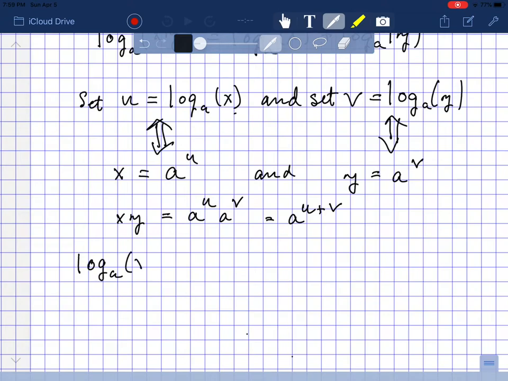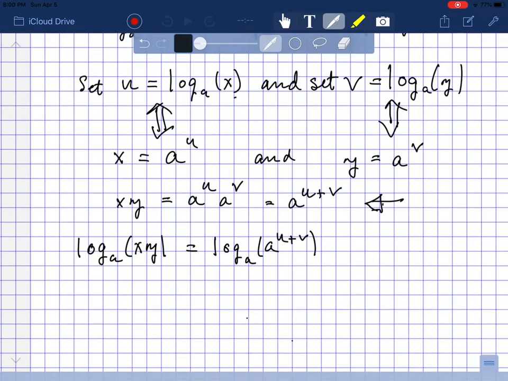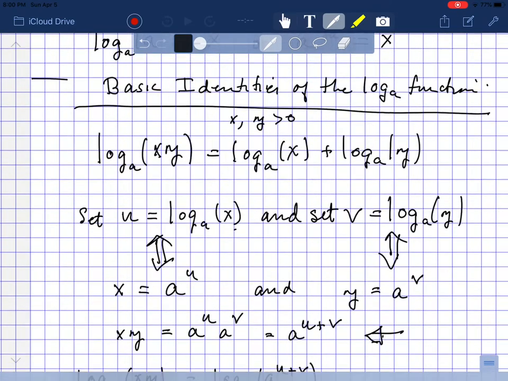All right. Now, the log base a of x times y is equal to, so I'm just taking the log of both sides of this equation here. So I'm looking at the log base a of x times y. This is equal to the log base a of a to the u plus v power, right?